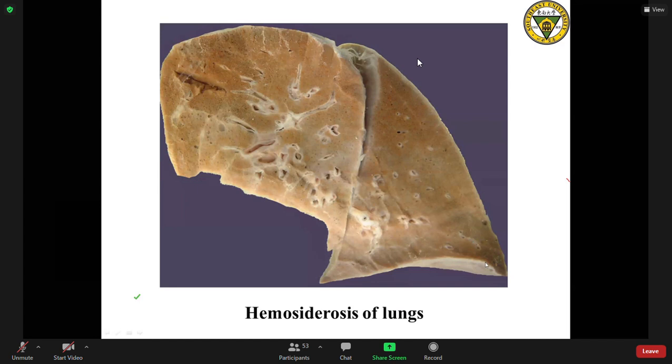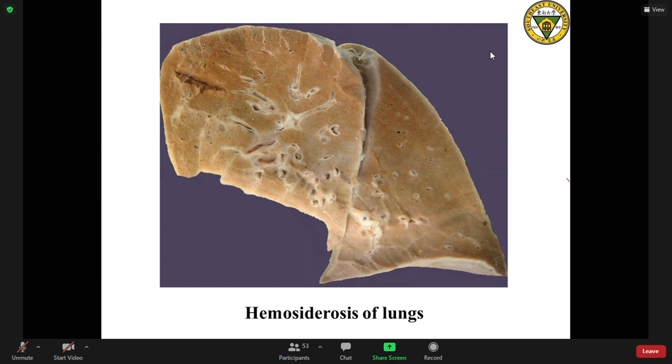Then we studied some pigment. Many pigments in our bodies. Here is endogenous pigment, hemosiderin. We know the hemosiderin comes from the blood red cells. We just studied the heart failure cells.